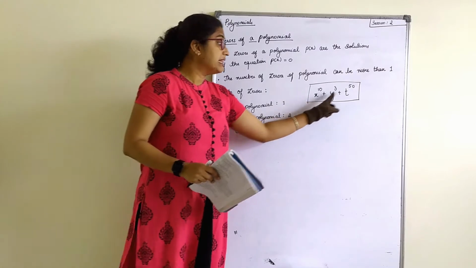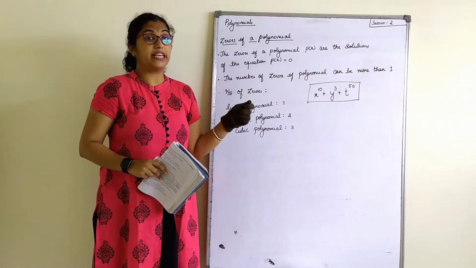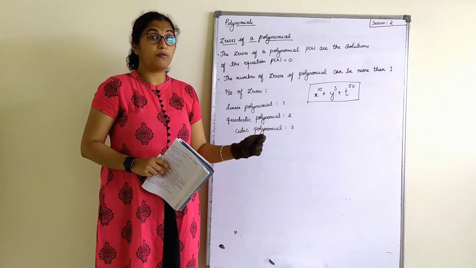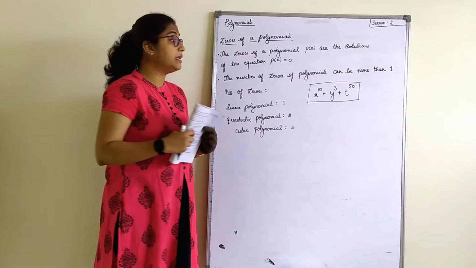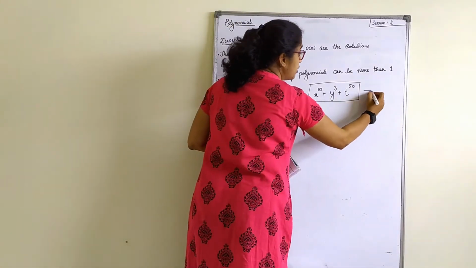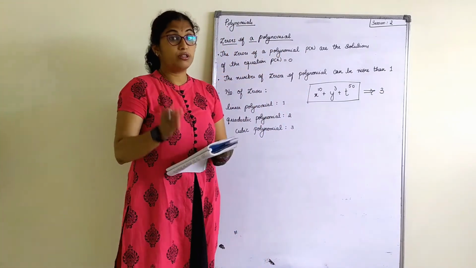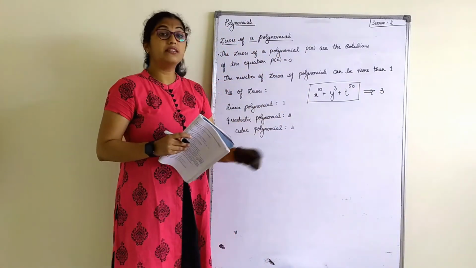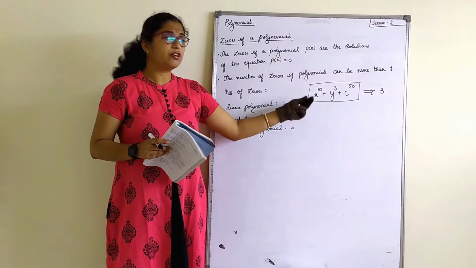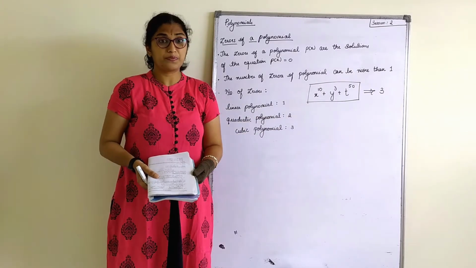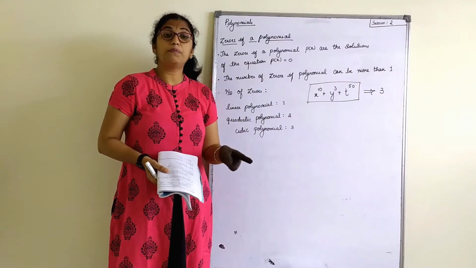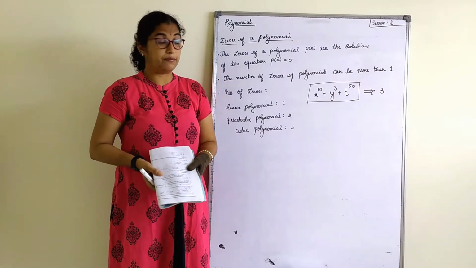That means this given expression is not a polynomial in one variable, but it is a polynomial in three different variables. So you have to understand that. This is also a polynomial because we call it a trinomial, correct? But not a polynomial in one variable.